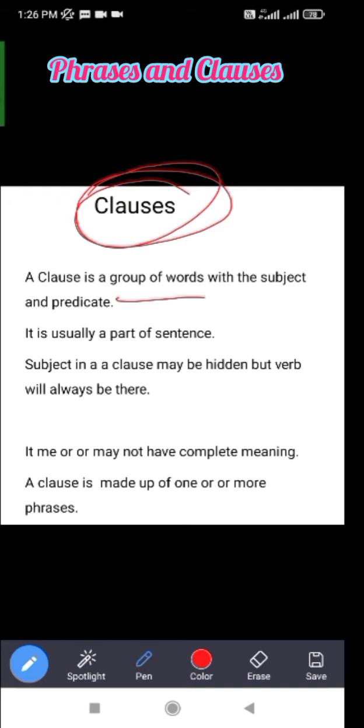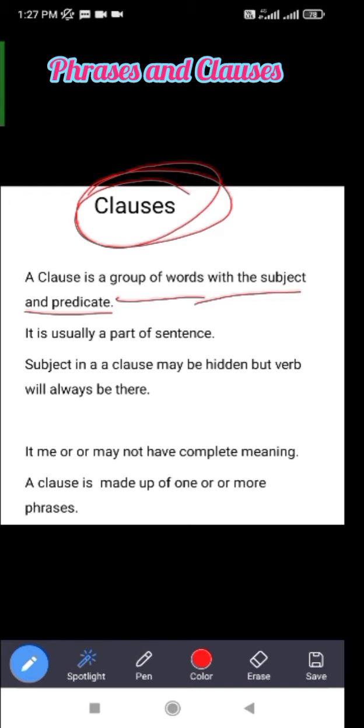A phrase is a group of words that doesn't give complete sense, because it doesn't have a subject and verb. But in a clause we again have a group of words, but with a subject and predicate. It will have a subject verb combination, so that is called a clause.